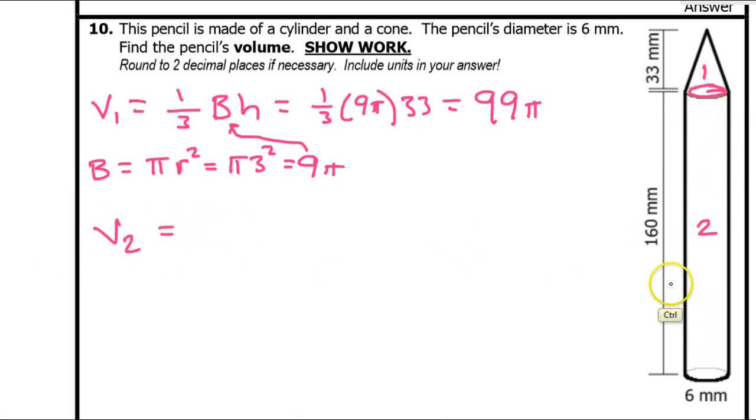The volume of a cylinder is simply the area of the base times the height. Well, the base of the cylinder is the same as the base of the cone. So we can use that same 9 pi for this b value as well. So this is just going to be 9 pi times the height of the cylinder, which is 160.